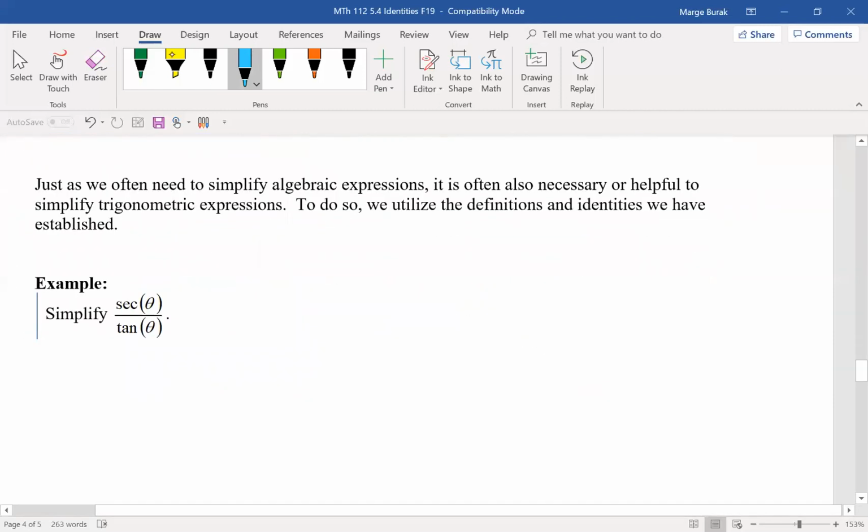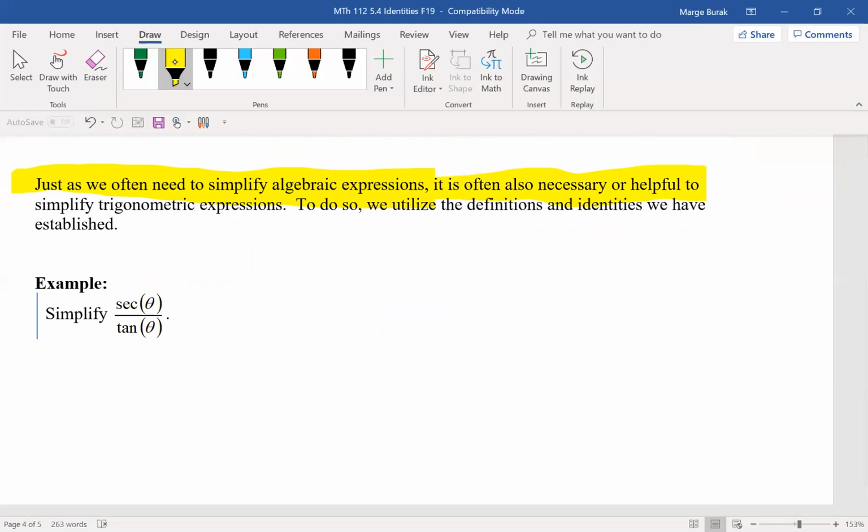Just as we often simplify algebraic expressions, it is often necessary and helpful to simplify trigonometric expressions. To do so, we use the definitions and identities we have established. All right, here we go. We're going to simplify this.